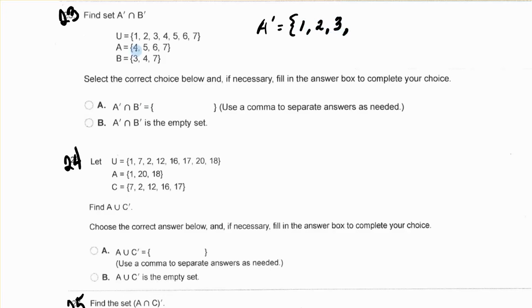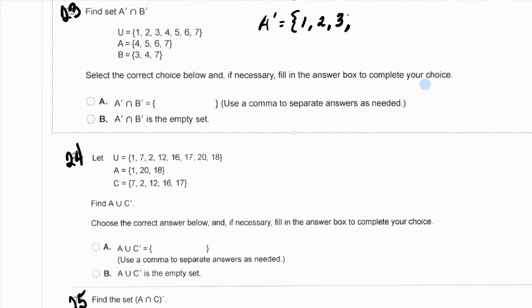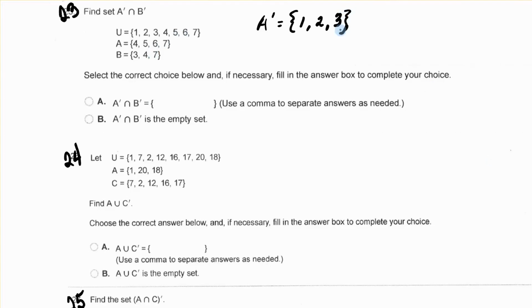I don't count 4, 5, 6, or 7 because those are in A. So that's A complement. And I want to look at B complement. That's everything in the universe that's not in B. So I need a 1, a 2. I don't use a 3 or a 4. But I need the 5 and the 6, but I don't do the 7.